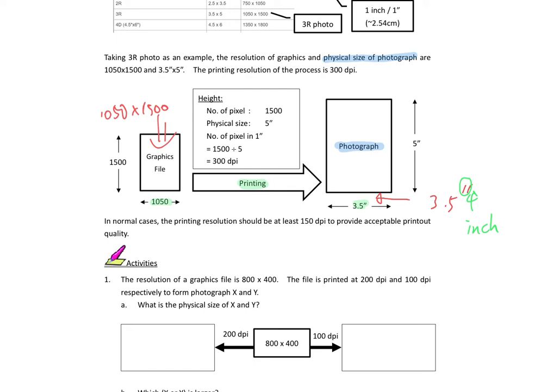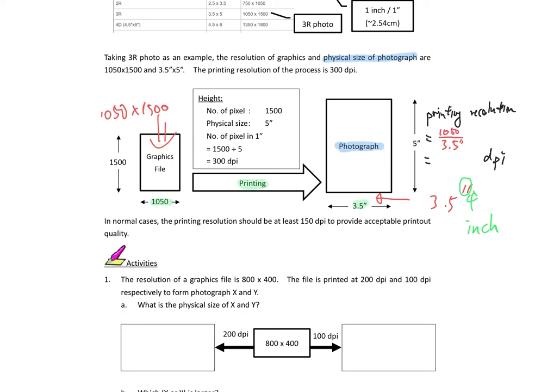So the printing resolution has the unit dots per inch. For this case, 3.5 inch has 1050 dots.